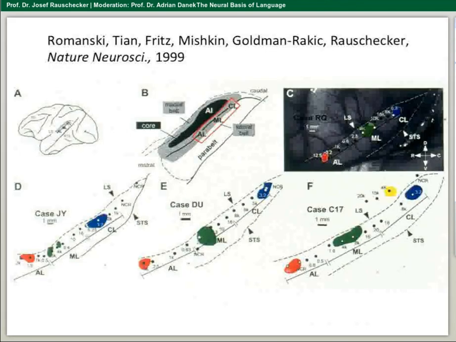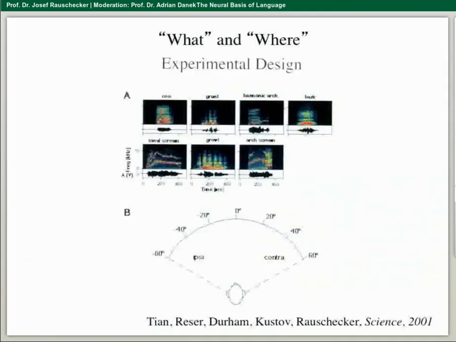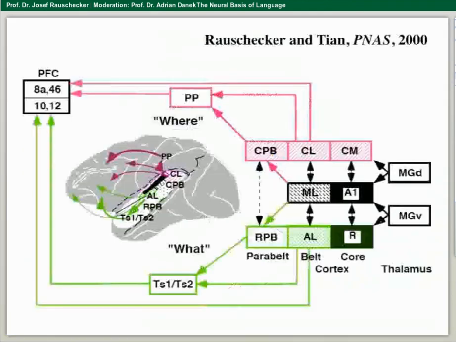So we developed our model on the basis of these findings, that there is also anatomically as well as physiologically a difference between the anterior regions and the posterior regions in the auditory cortex.